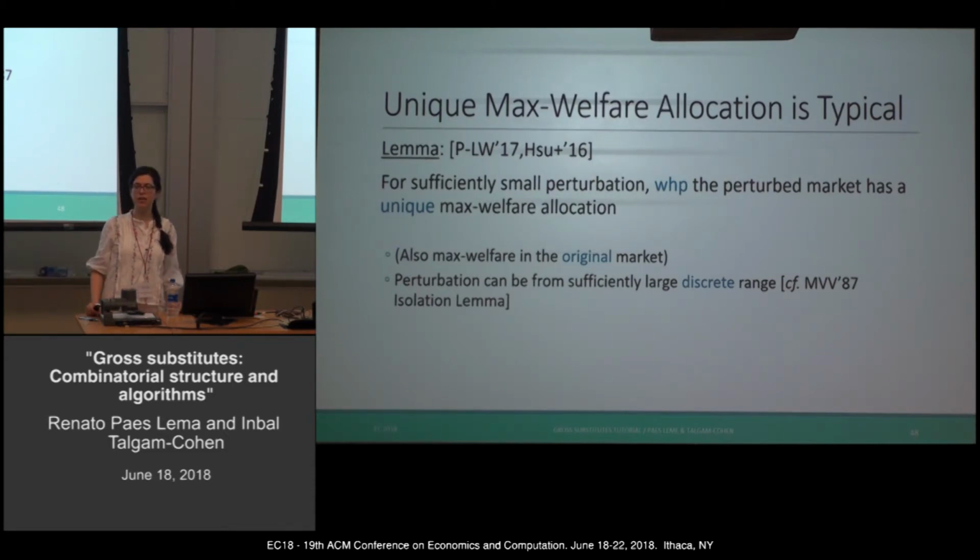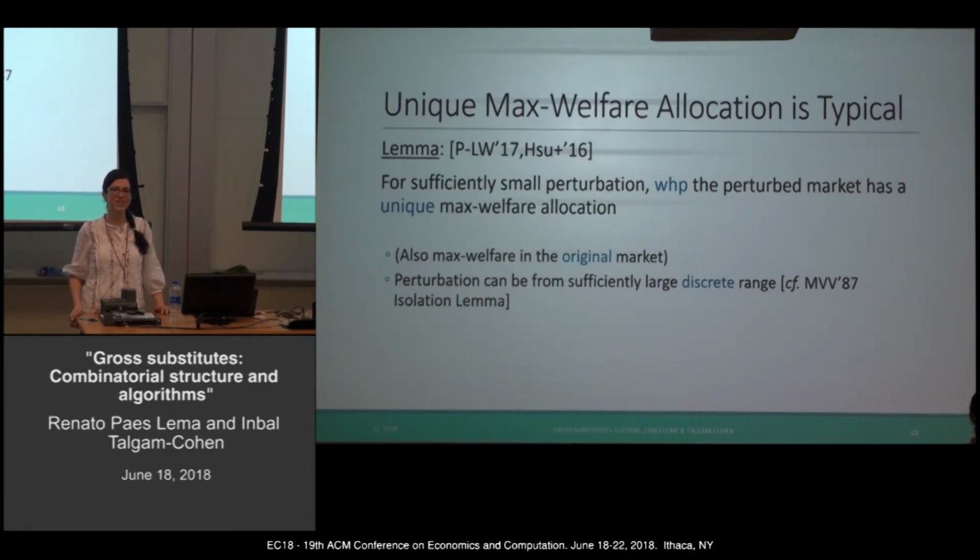I think what I'm saying is actually in the spirit of what you're saying. What I'm trying to say is that if you look at the set of all markets, most of them are going to have a unique welfare maximizing allocation. You have some pinpoints of markets that don't, but if you perturb them a little bit, you go a little bit around them, then you're going to have a unique welfare maximizing allocation.